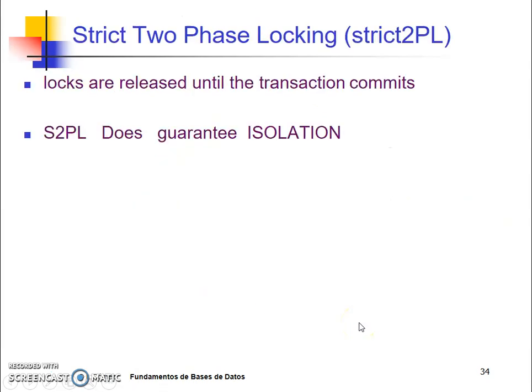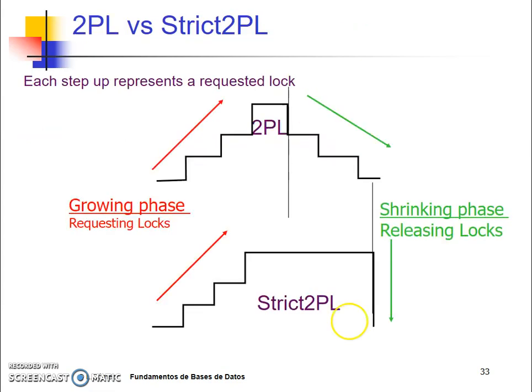So in summary, locks are released until the transaction commits, and two-phase locking does not guarantee isolation. Two-phase locking does not guarantee isolation because a transaction can enter at this moment, but strict two-phase locking does guarantee isolation because it releases the locks at the end of the process.